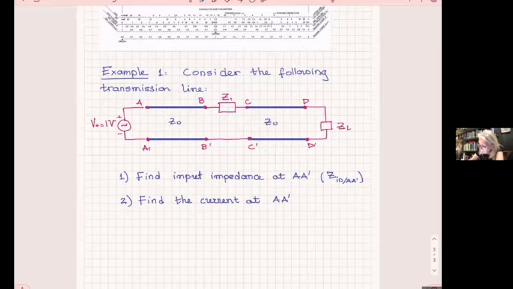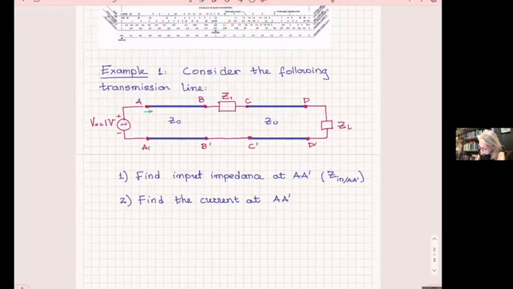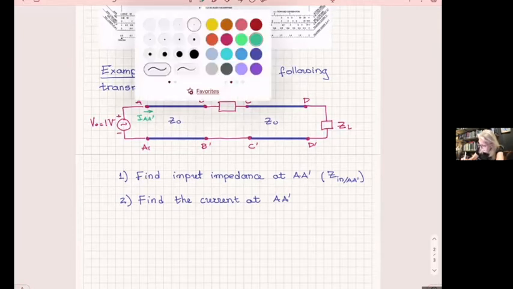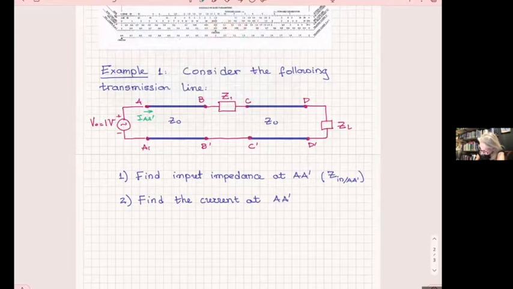So we know that there is going to be a current like this entering here, the total current. This is the AA prime current. And then the input impedance at this point will be Z in at AA prime.